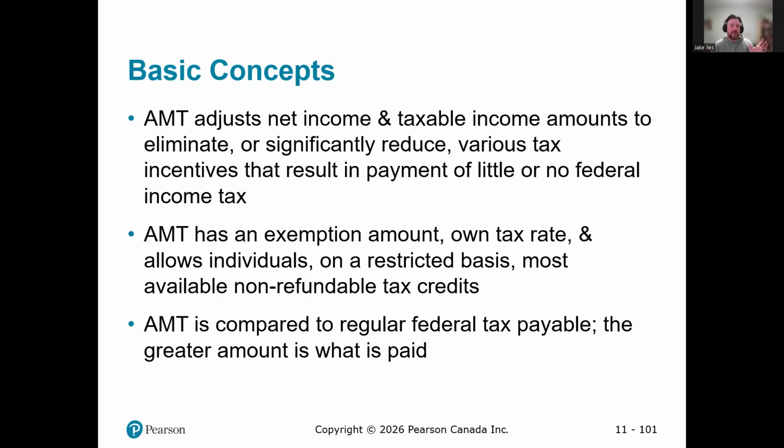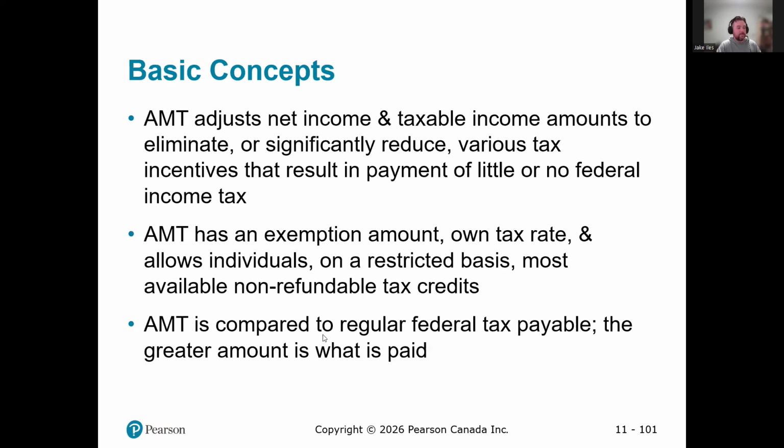This exemption amount is to make sure that the AMT calculation won't result in a positive number until the income is into those higher brackets. That's how we try to make sure that AMT is only applying to high income individuals. It restricts most of the non-refundable credits.